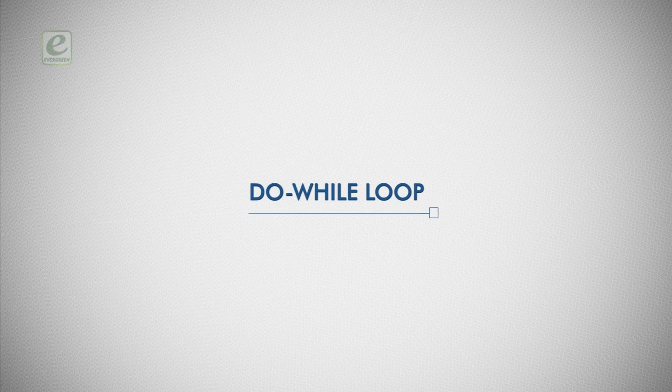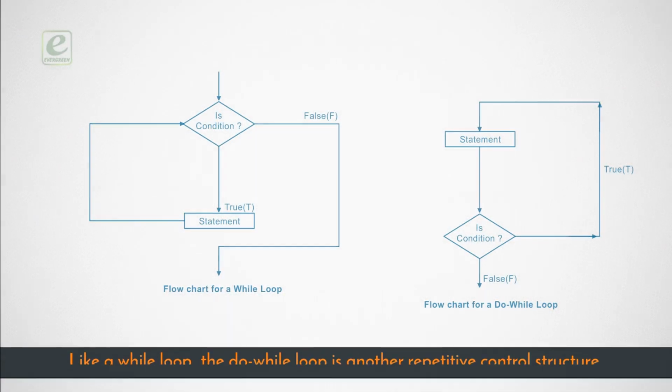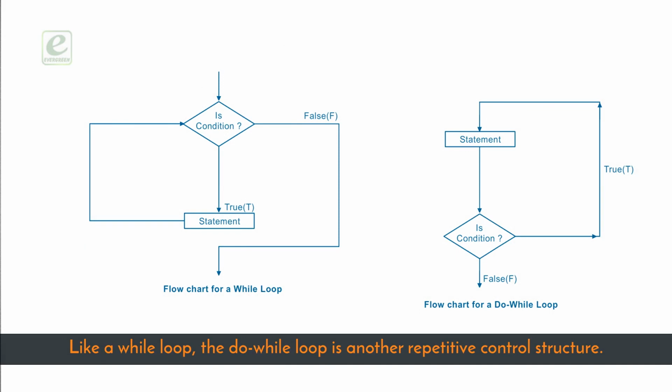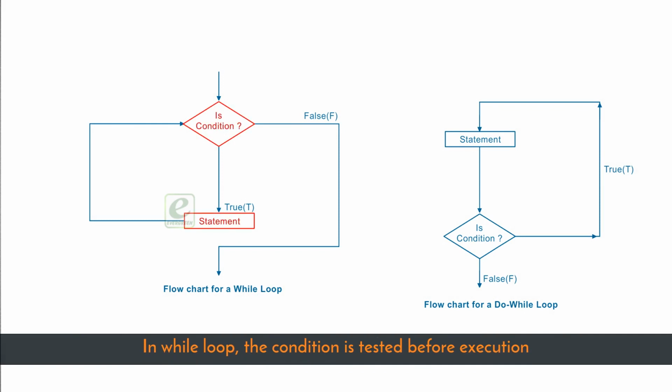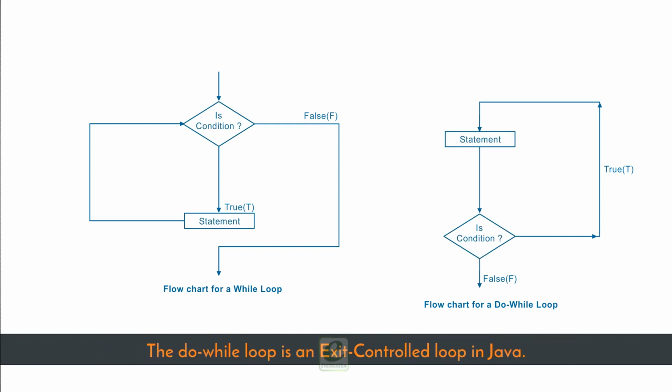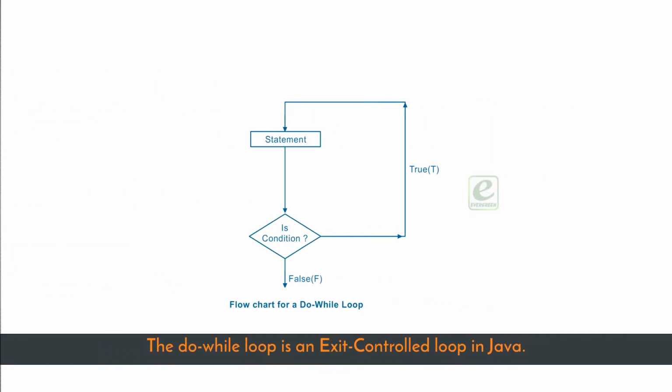Do-while loop. Like a while loop, the do-while loop is another repetitive control structure. In a while loop, the condition is tested before execution, whereas in a do-while loop, the condition is tested after execution. The do-while loop is an exit-controlled loop in Java.